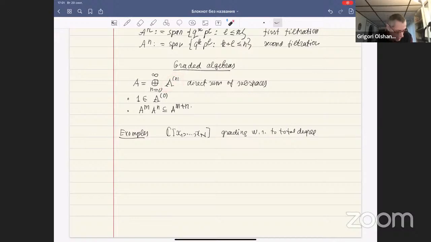Okay. Another example is the free associative algebra.